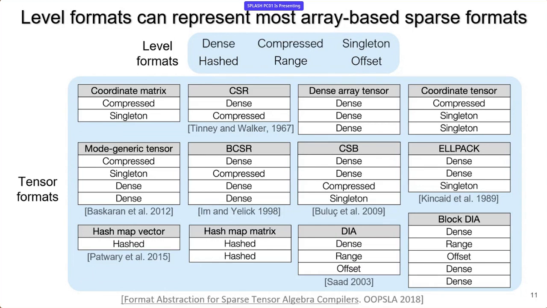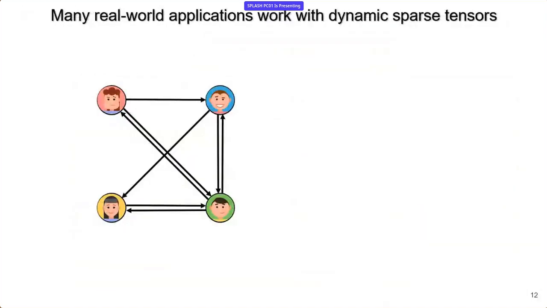In a previous OOPSLA, we presented this work and showed that we can deal with array-based representations, and arrays are beautiful. But we have one small problem. Let me tell you about it. Assume you have a friends graph, something like Facebook maintains. There's a bunch of people who are friends with each other.